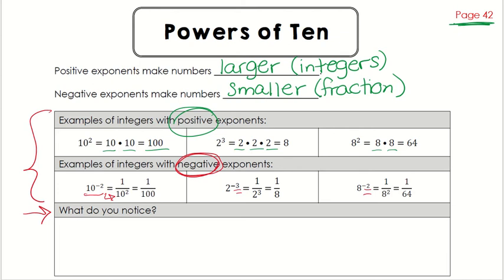Okay, so something that you noticed, I want you to write in that box, okay?